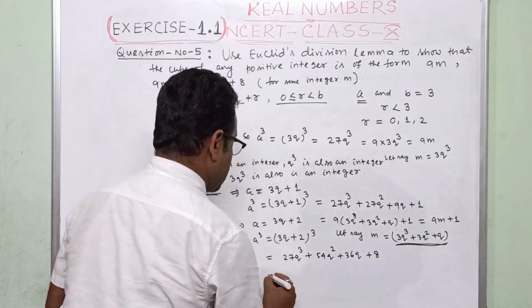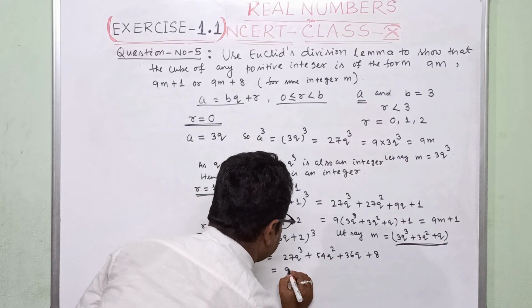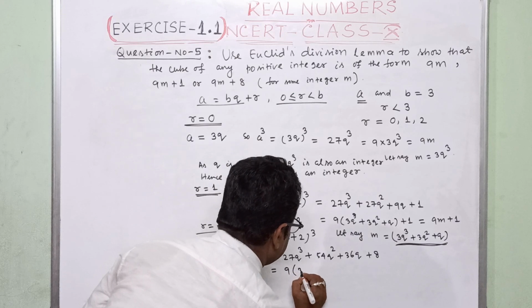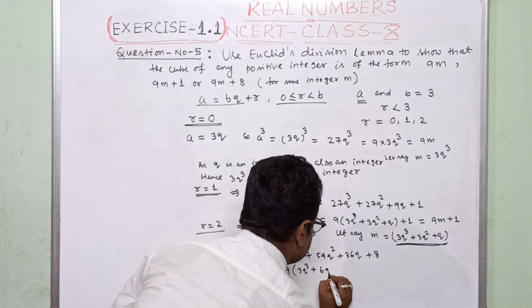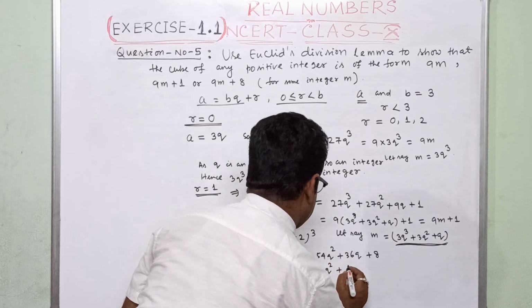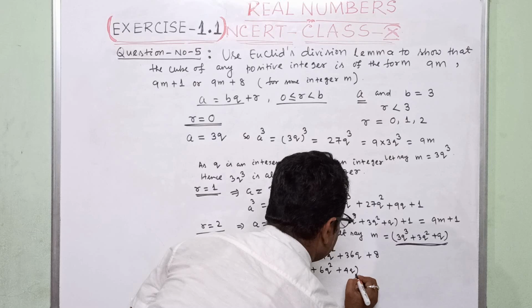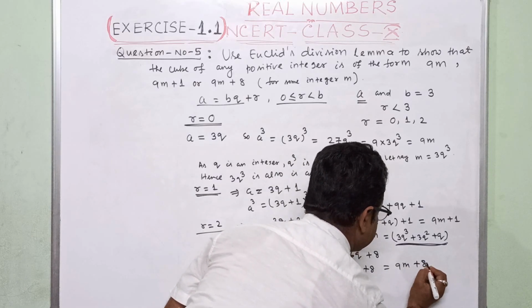Taking 9 common, 9 times (3q cube plus 6q square plus 4q) plus 8, which is equal to 9m plus 8.